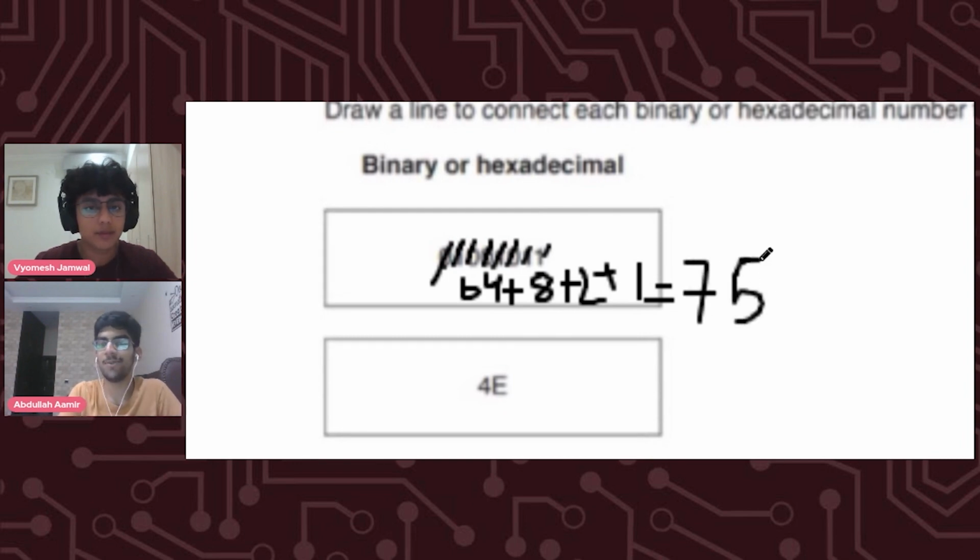Sorry to interrupt, but I'm going to tell you guys a very quick technique for mental math, which I learned from my father. It's pretty simple. Try to complete the tens, so try to make a 10 as quickly as possible. 8 plus 2 would give you a 10. Then 60 plus 10 is 70, and then 4 plus 1 is 5, so 75.